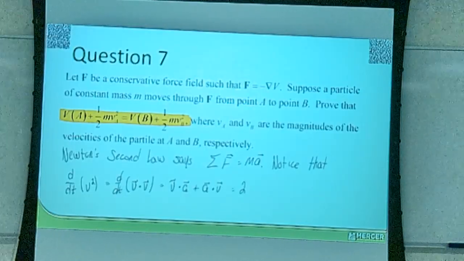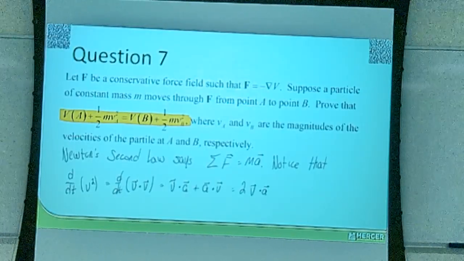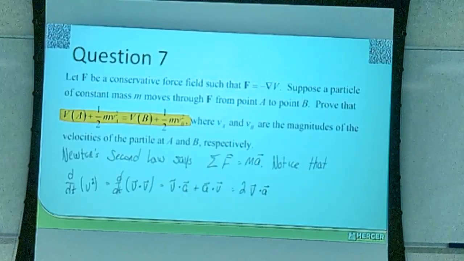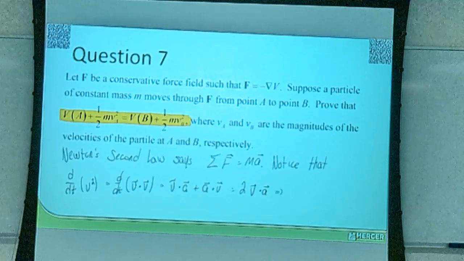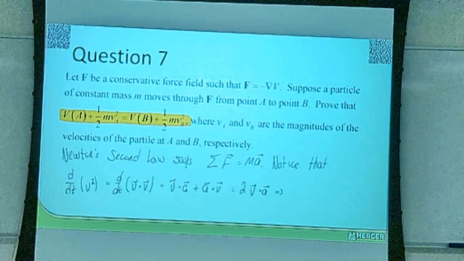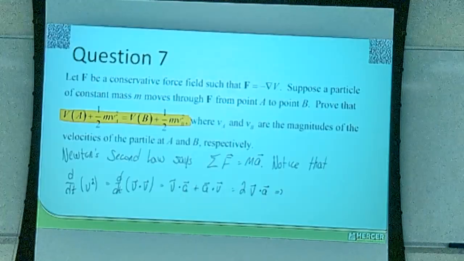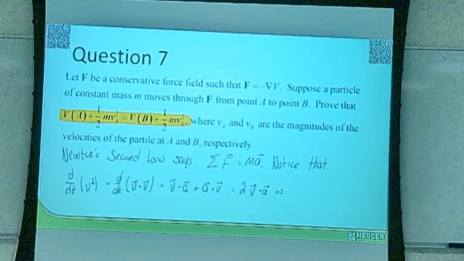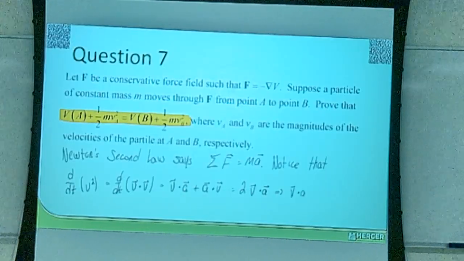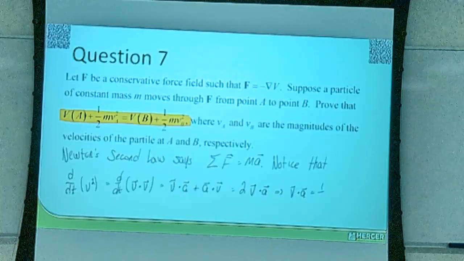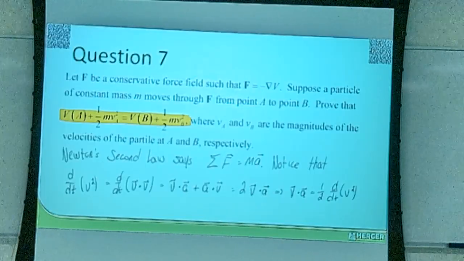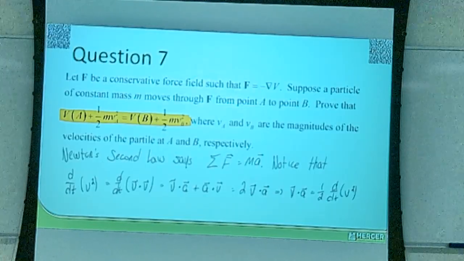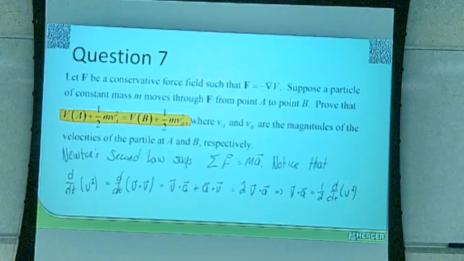But that's just 2 times v dot a, right? Solving for, I'm sorry, solving for just v dot a, v dot a is a half of the derivative of v squared with respect to t.